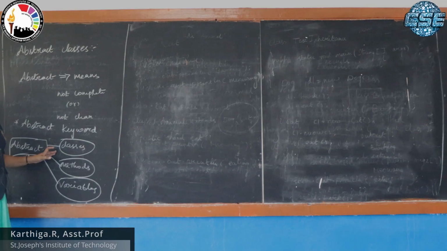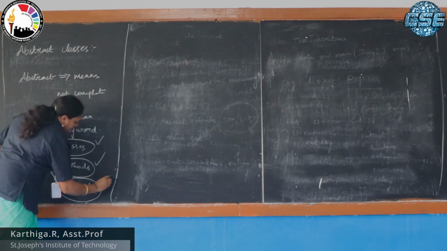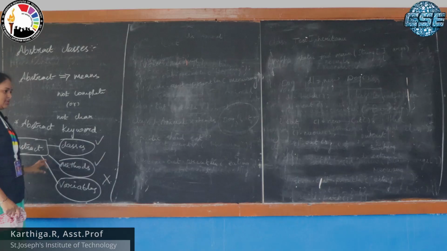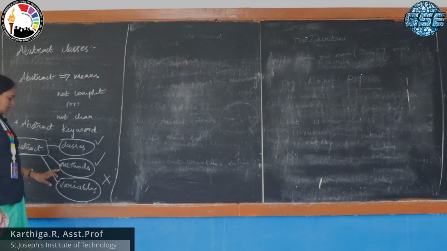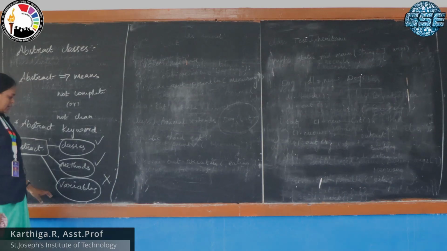Here there are classes, methods and variables, but abstract belongs to classes and methods only. We don't have abstract variables. You have to be clear on this. So we have abstract class and abstract method, but we don't have abstract variables.